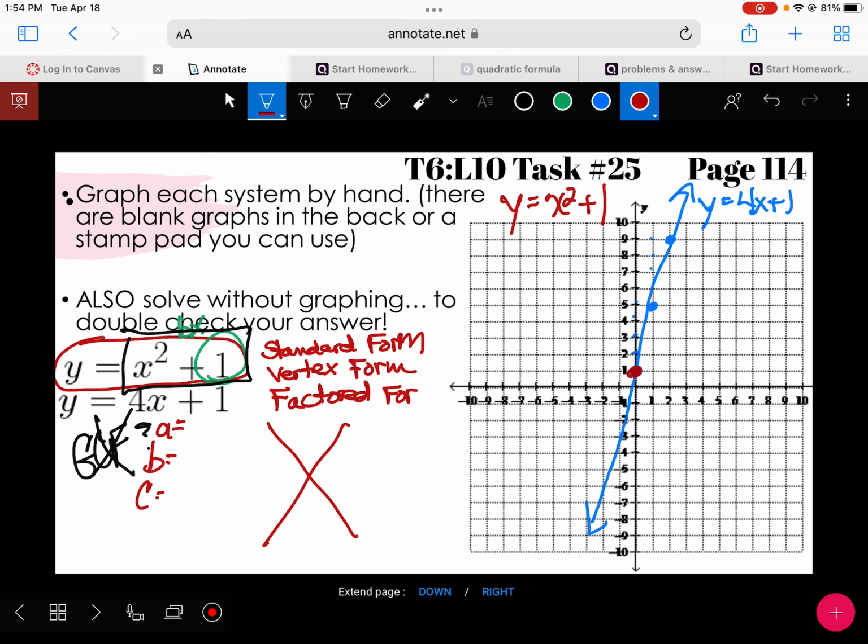No. Your A, B, and C are always digits, always numbers. 1, right? It's the coefficient in front. What's my B value? No. 0. I don't have a B value. There's nothing X here. And what's my C value? 1.